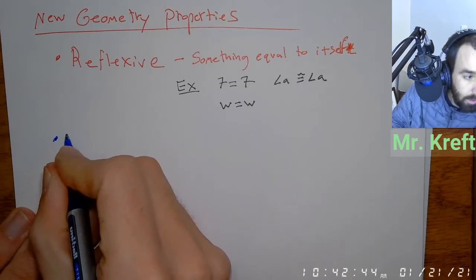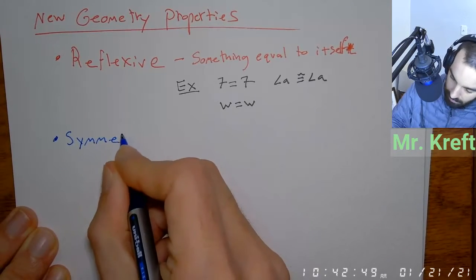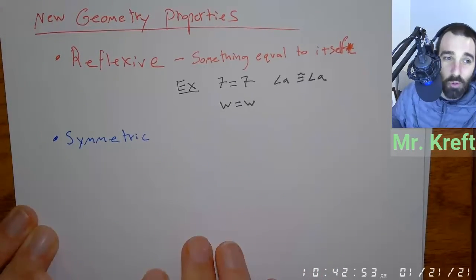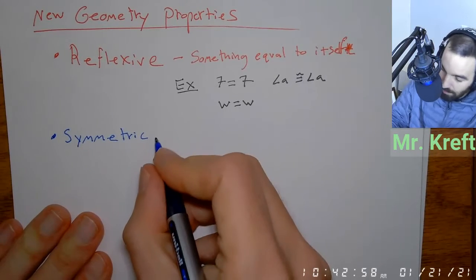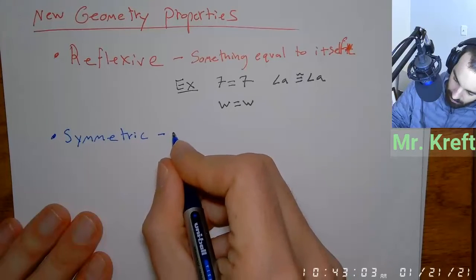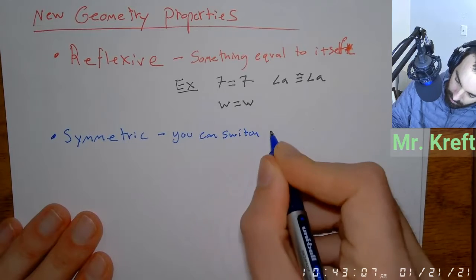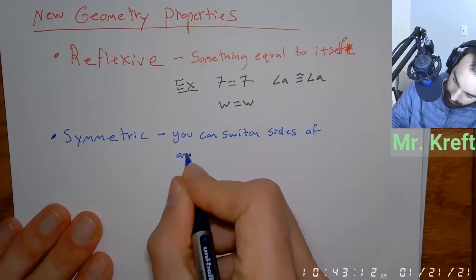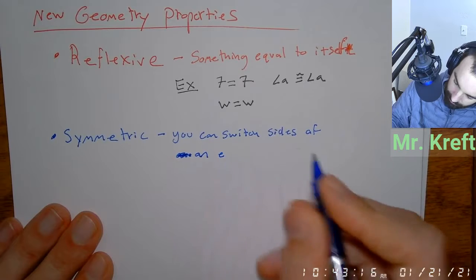So that's the reflexive property. Symmetric. Some of you might see the word symmetric and think symmetry. And if you do, good, because symmetric actually does come from symmetry. So symmetric just means you can switch sides of an equal sign.